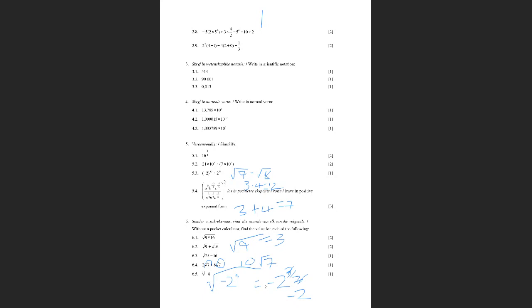Can you repeat 6.5 and 6.1, please? 6.5. Okay, let me start with 6.5 first. 6.5. Negative 8 is the same as negative 2 exponent 3. It will be cube root like this. Negative 2 exponent 3, root 3.